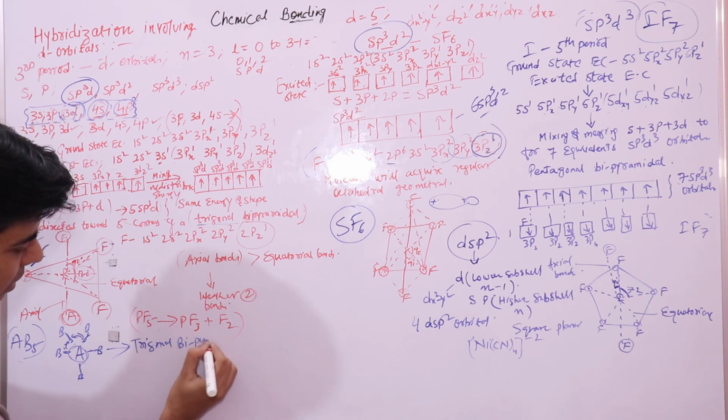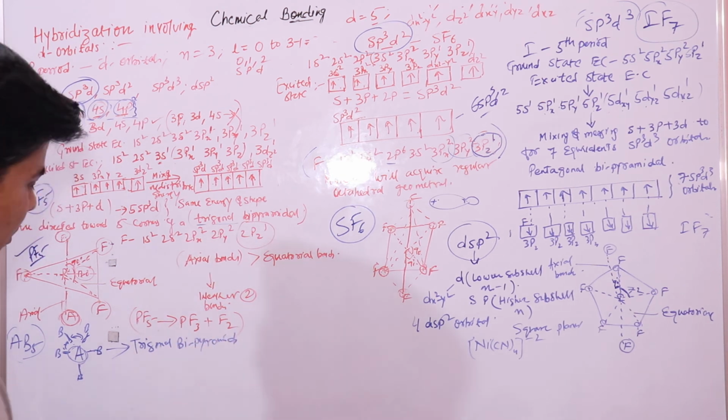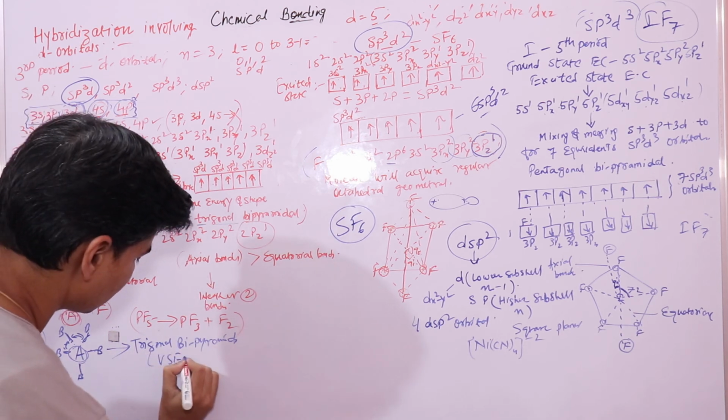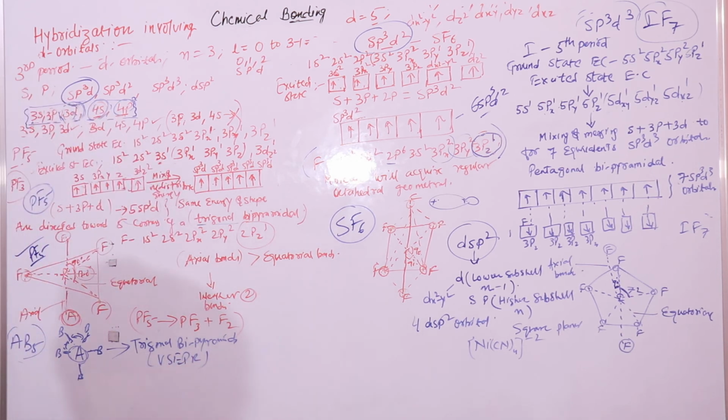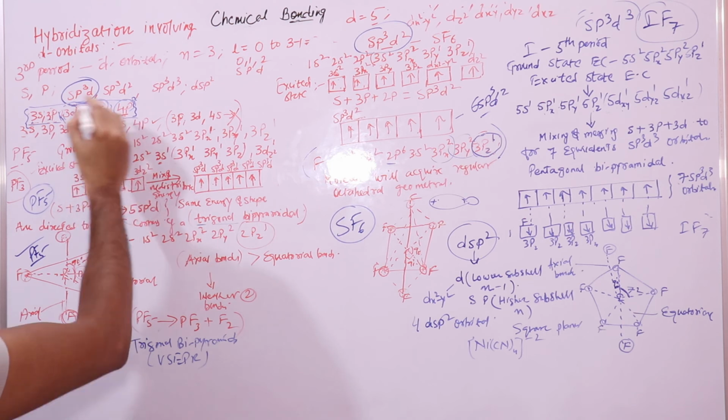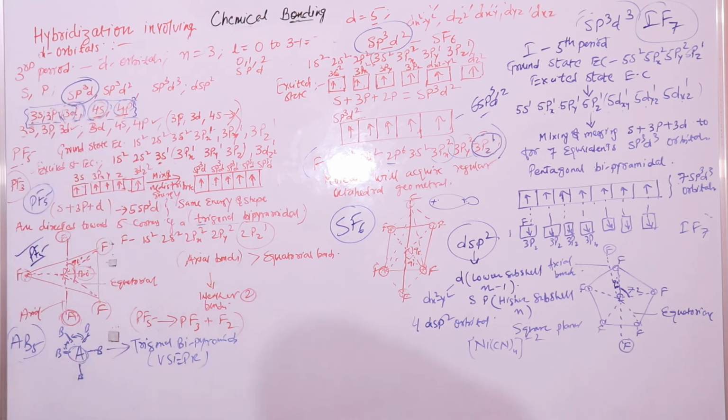So this explanation is from VSEPR theory. If the central atom is sp3d hybridized, the shape of the molecule is trigonal bipyramidal.